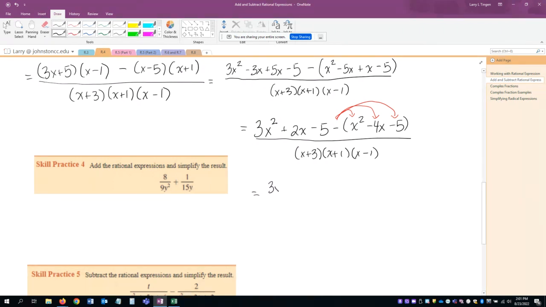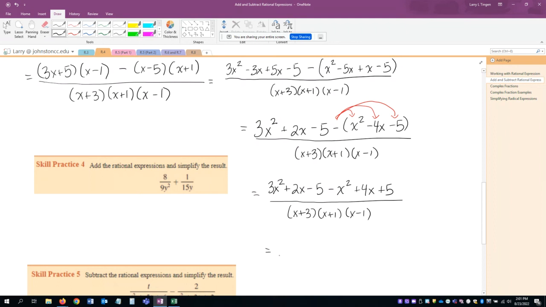I now have 3x squared plus 2x minus 5 minus x squared minus negative 4x, which is plus 4x, minus negative 5, which is plus 5, all divided by x plus 3 times x plus 1 times x minus 1.